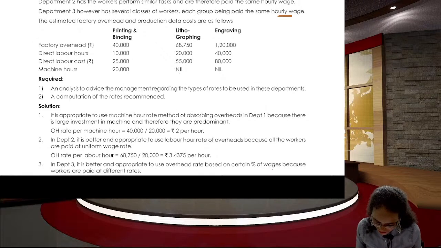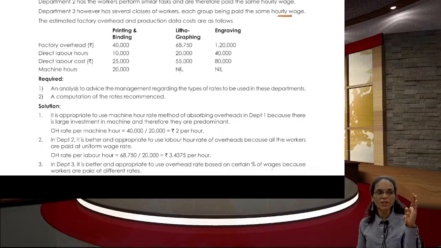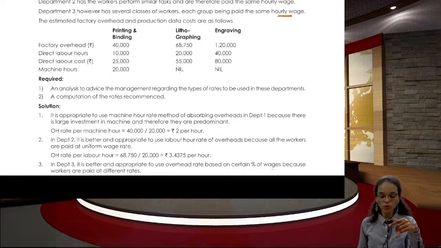Second one, workers performing similar tasks and are therefore paid the same hourly wage rate. See, the hourly wage rate is the same. So when the wage rate is the same for each and every employee, then you go for the number of labor hours.